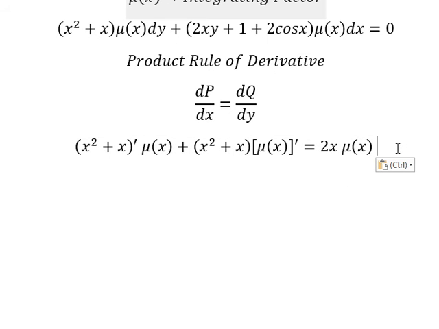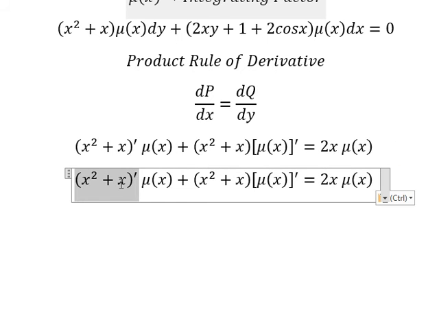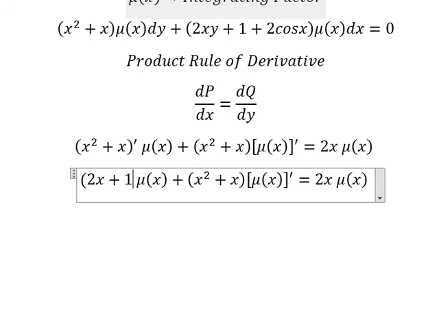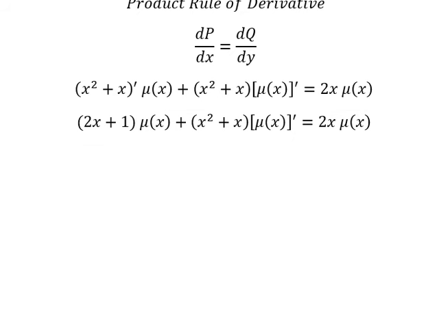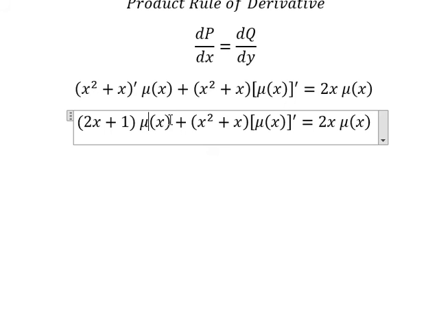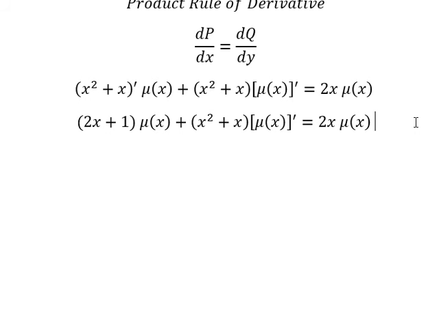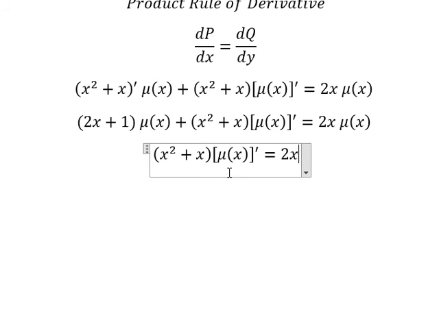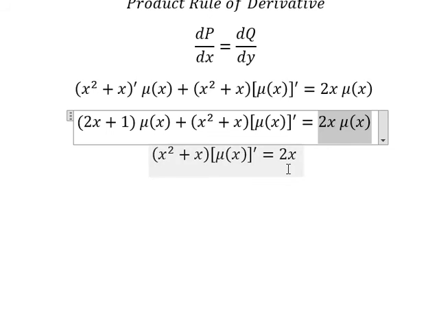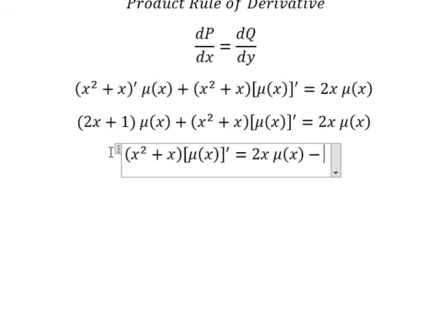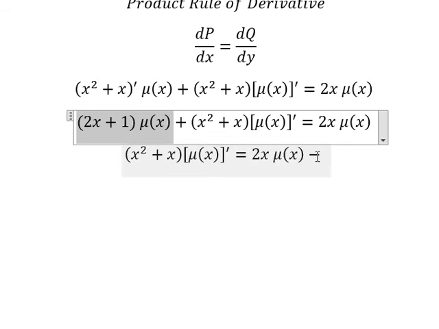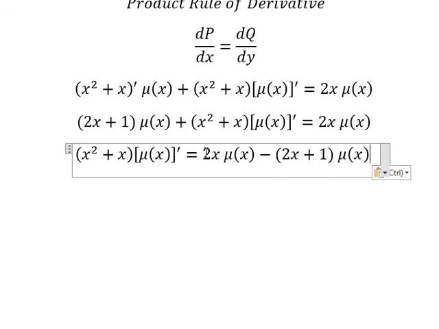And now we need to simplify. This one we have 2s plus 1. Now I will put this one to the right. So we have 2s mu s, 2s mu s.